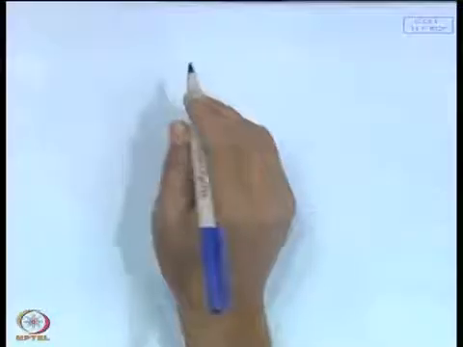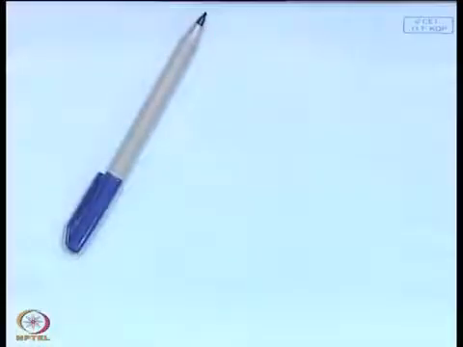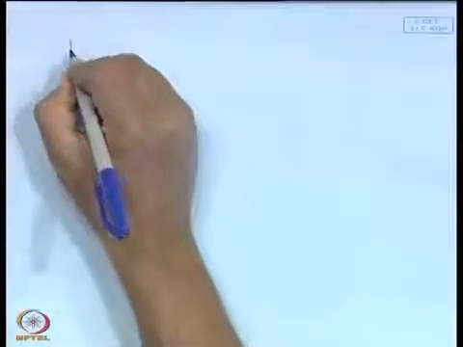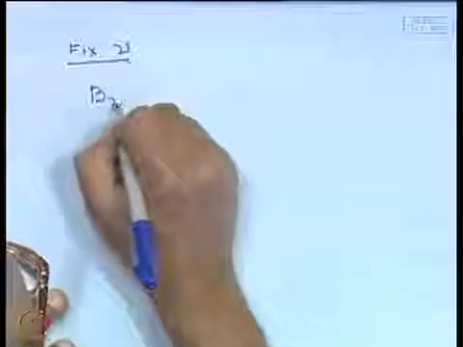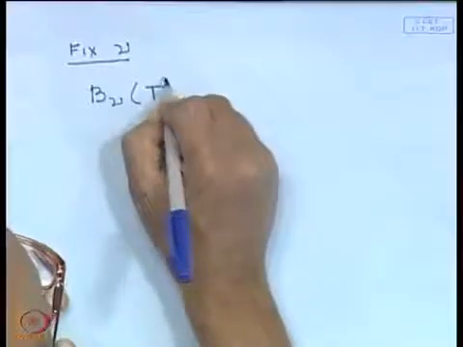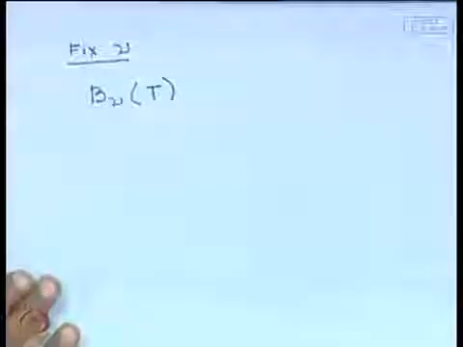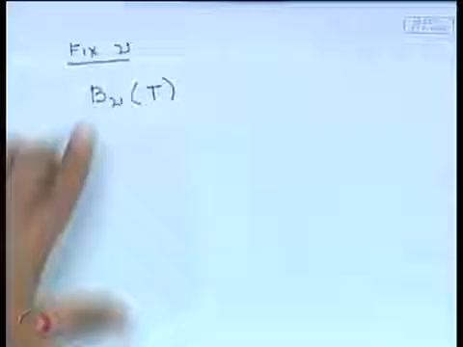Before we come to this, let us ask the question, what happens if I fix the temperature? If I fix a frequency nu and look at B nu as a function of T. I am at a fixed frequency.